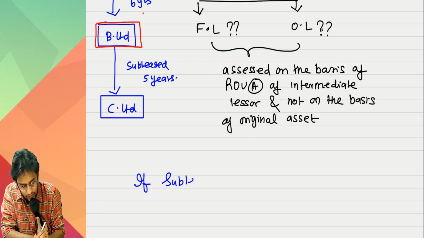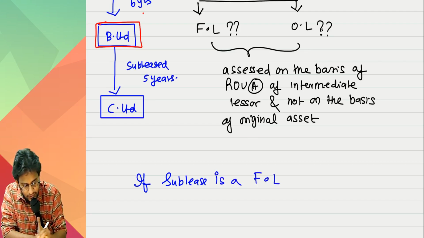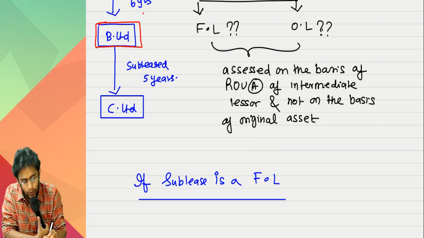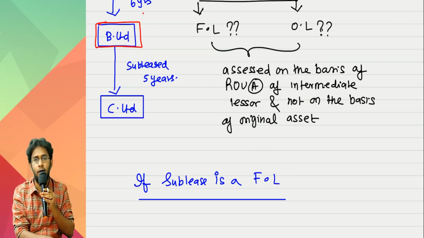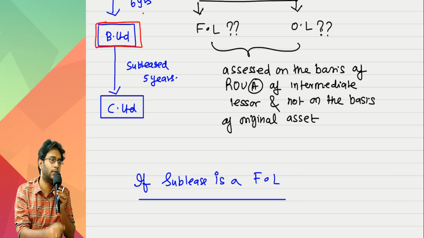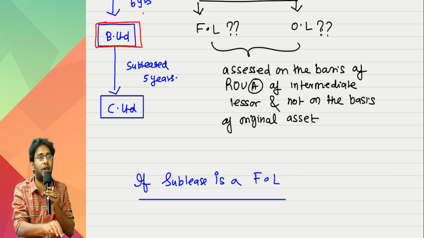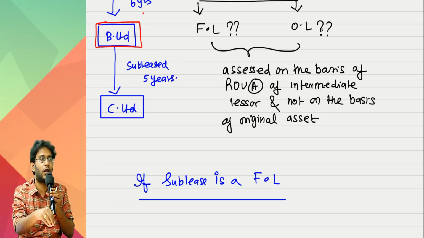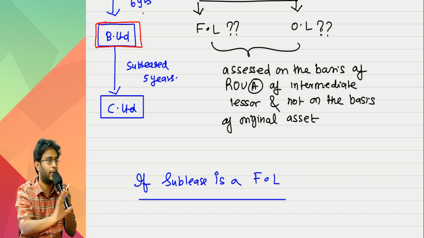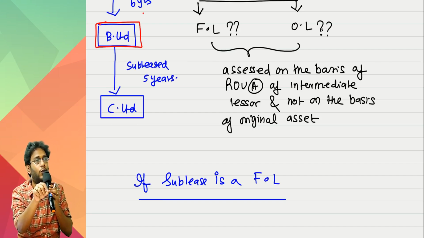If you identified that the sublease is a finance lease, you tell me what you have to do. You are B Limited, sir. In your books the ROU asset is already there, but you have now given this asset on sublease, which is a finance lease. Now that it is a finance lease, substantial risk and rewards relating to the asset are already transferred to sublessee C Limited. You cannot have the ROU asset in your books.